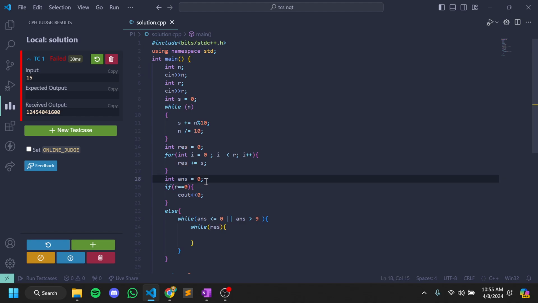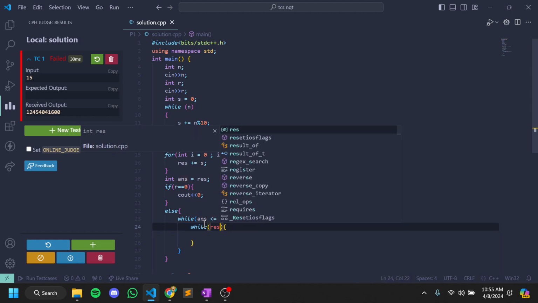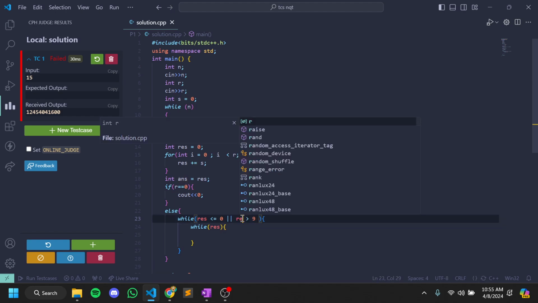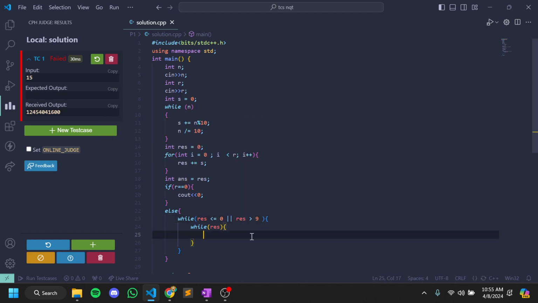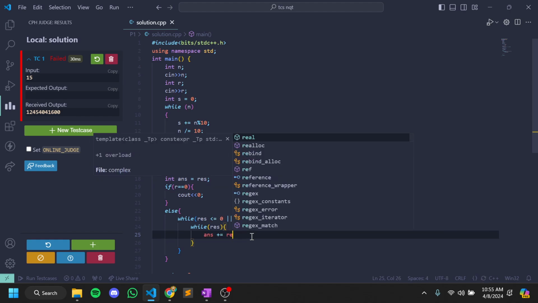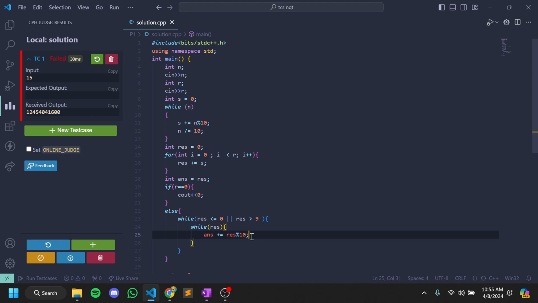Okay, so let's just initialize ans to res only. It will make our lives easier. Let's just do this only. Res, while res, ans plus equals res mod 10, starting from 0.